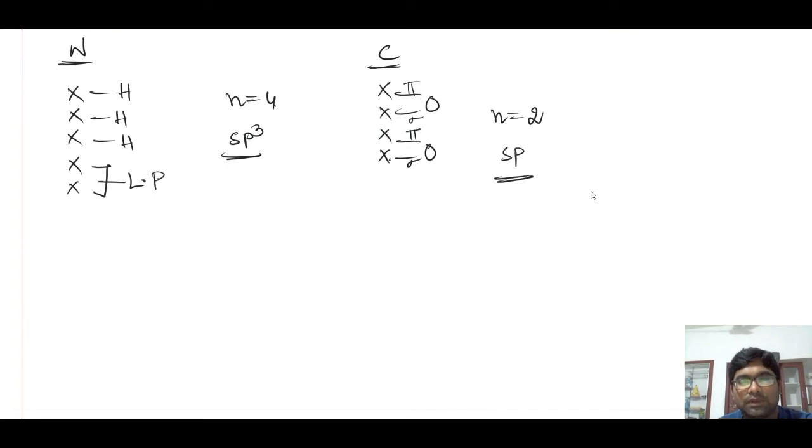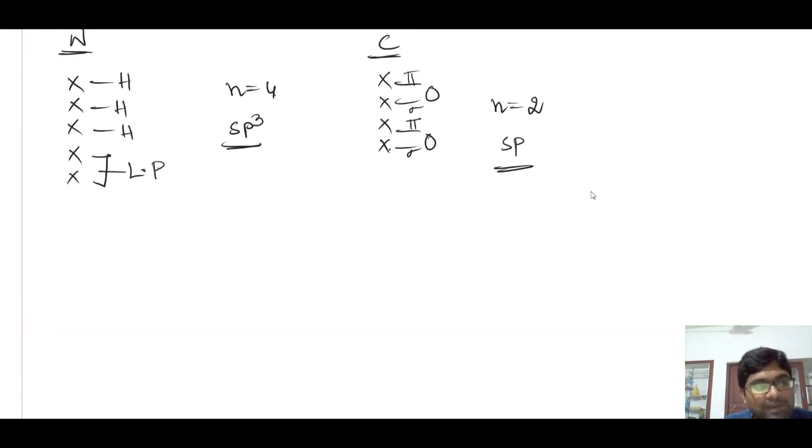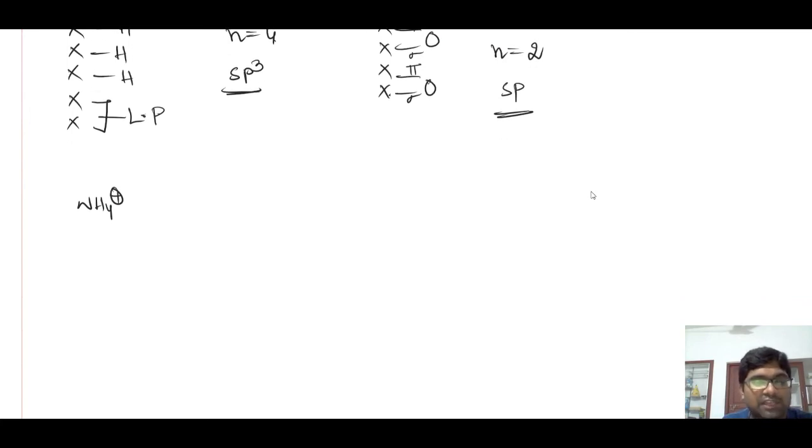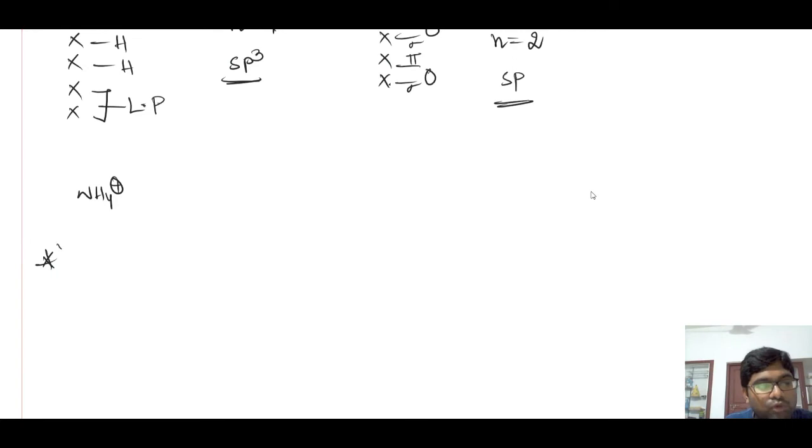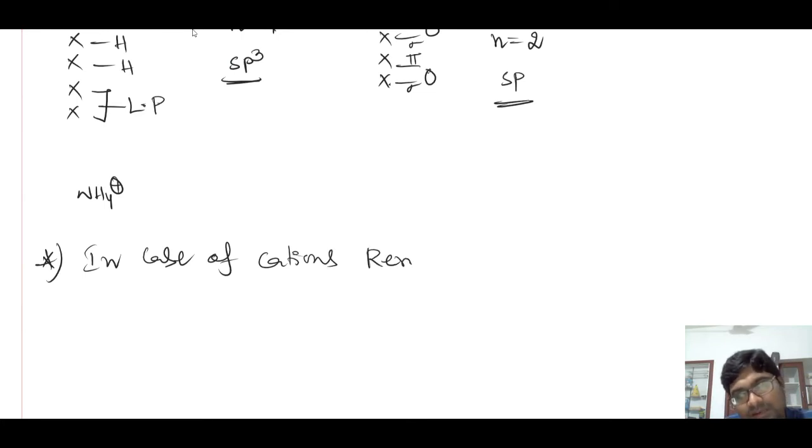Next, in some molecules a charge will be given, for example NH4+. If a charge is given, we simply need to remember 2 points here. If it is positive, in the case of cations, remove the same number of electrons from the central atom.